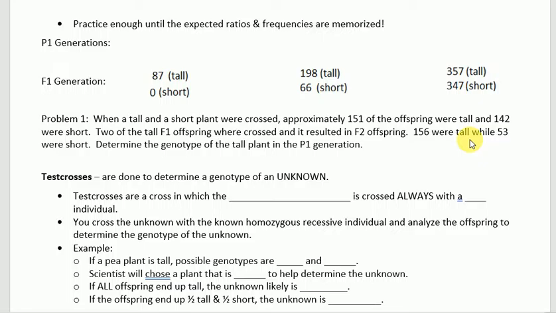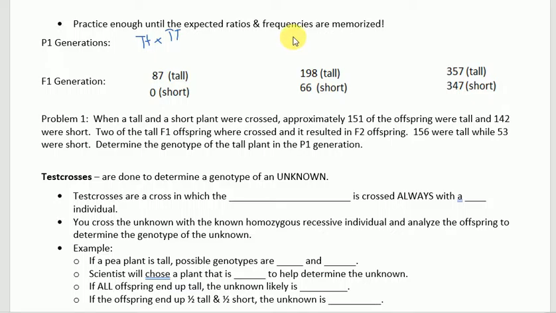So what I mean is, for instance, if your first generation, your P generation, is a cross between a big T, little t, and 2 big T's, then you should be able to figure out that you've got a 1 to 0 ratio. Okay? They're all going to be dominant.